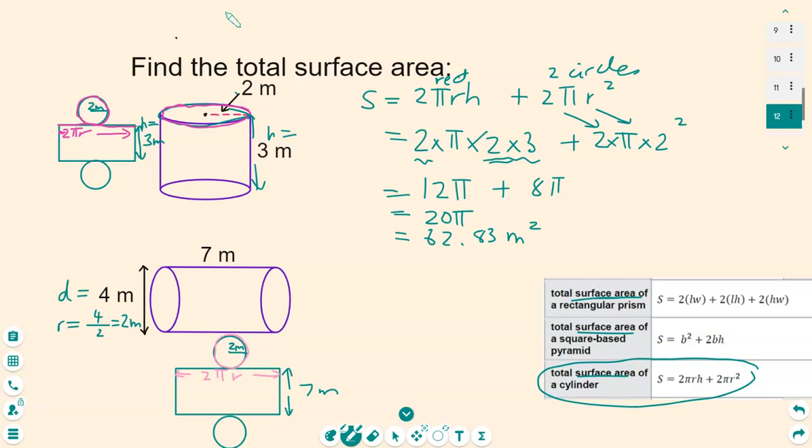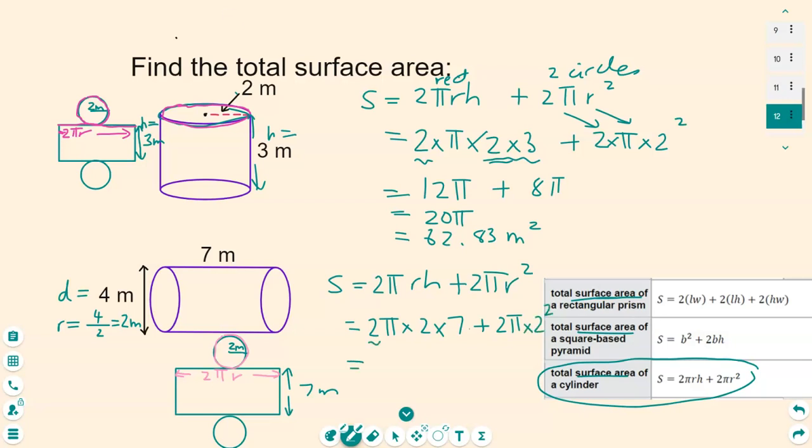And then we just use our formula. S equals 2 pi rh plus 2 pi r squared. Make sure you substitute in r and not diameter. So r is 2 times the height of that rectangle, which is 7, plus, I like to leave a little bit of space in between, 2 pi times, again, the radius.